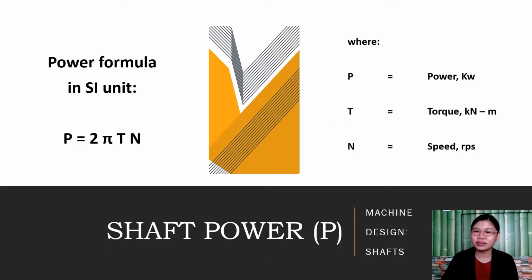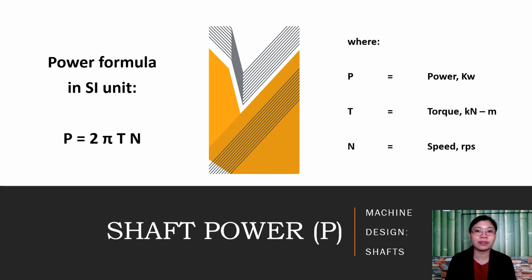So let's start. We have here the shaft power formula in SI unit, which is simply 2 pi Tn. Make sure that you know, this is an empirical formula, so it is a must that you know the specific unit of each component.